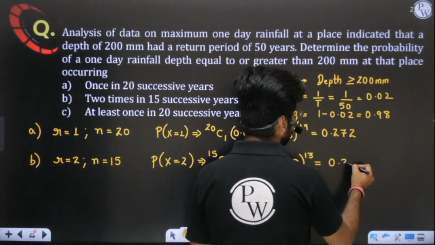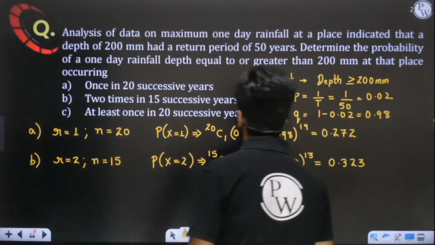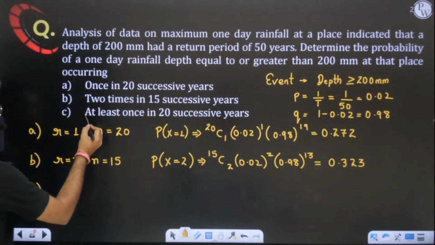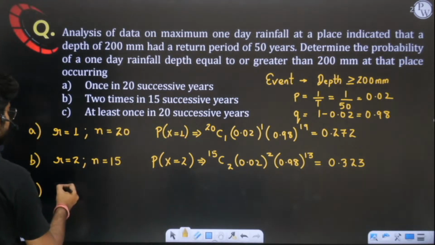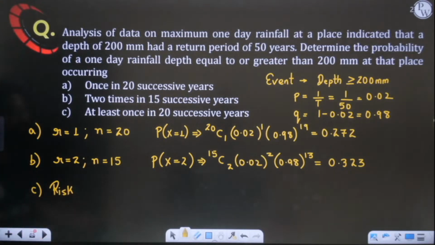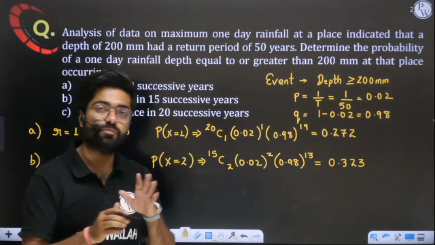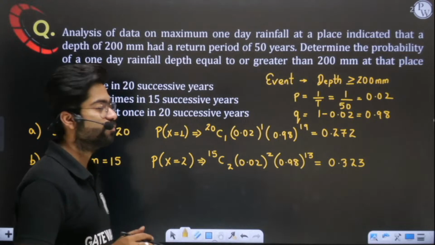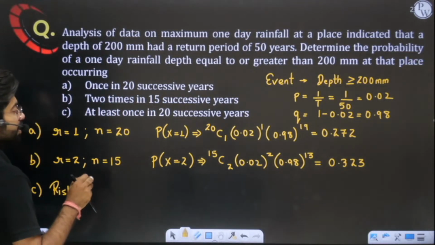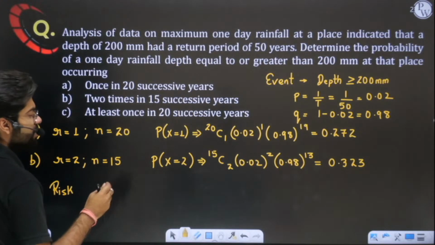0.323, you are saying. And for the last option C, we have to find at least once in 20 years. Simply it means that we have to find risk. At least once means risk. We are interested in finding the flood occurring at least once, twice, thrice, like that.